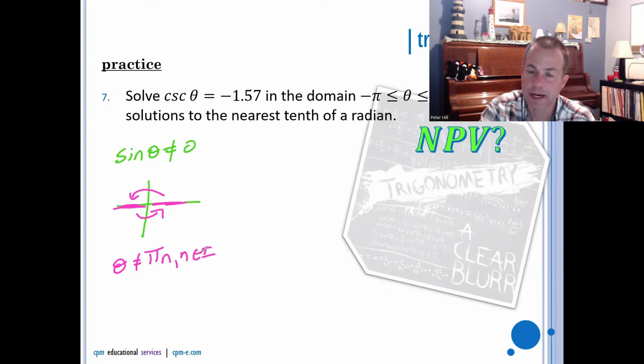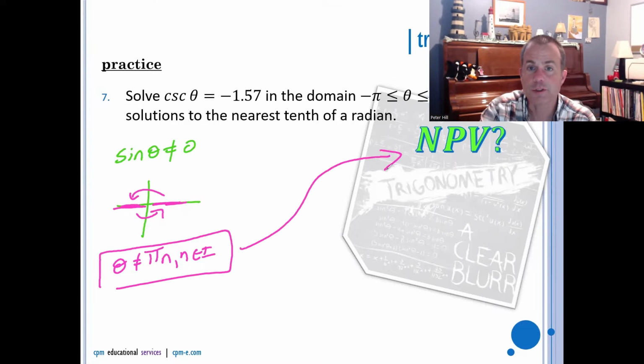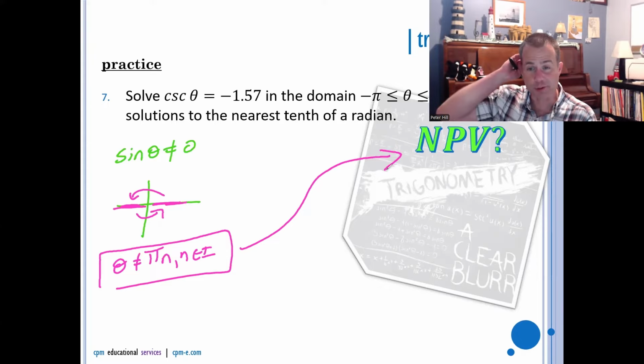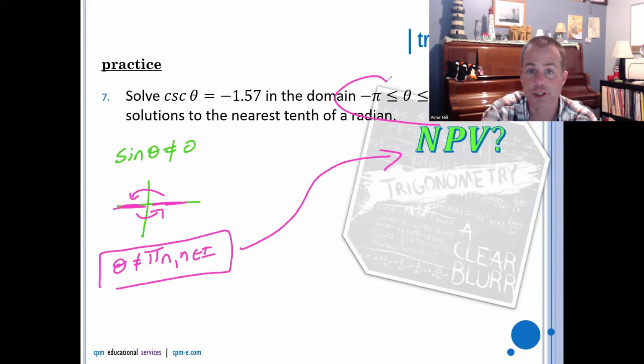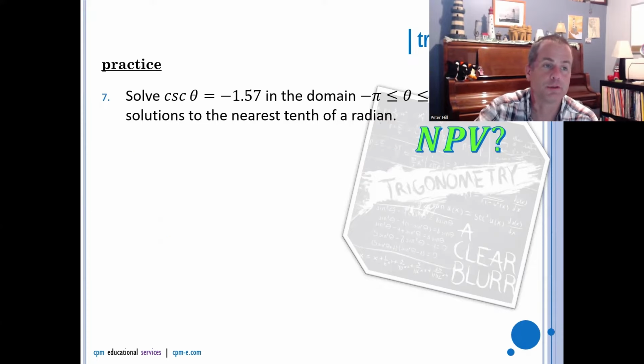Okay. Fun fact, restrictions. This is what the restriction is, right? Otherwise known as my NPV. Restrictions always need to be written in general form, okay? You don't write your restrictions based on this domain. You always write restrictions in general form. Okay, so I got that.